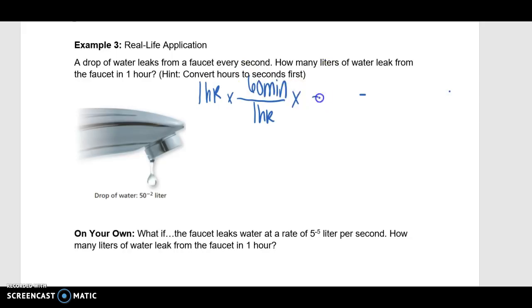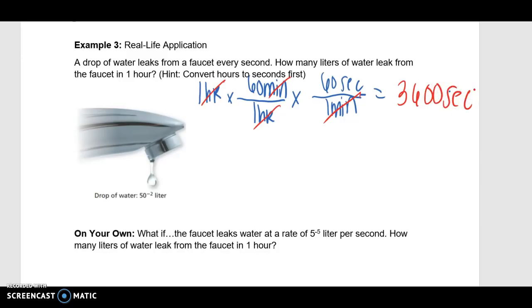And then you also know that in 1 minute, you have 60 seconds. So you make your same units diagonal from each other, because hours divided by hours cancels out, minutes divided by minutes cancels out, and then you're just left with multiplying everything on the top and the bottom.